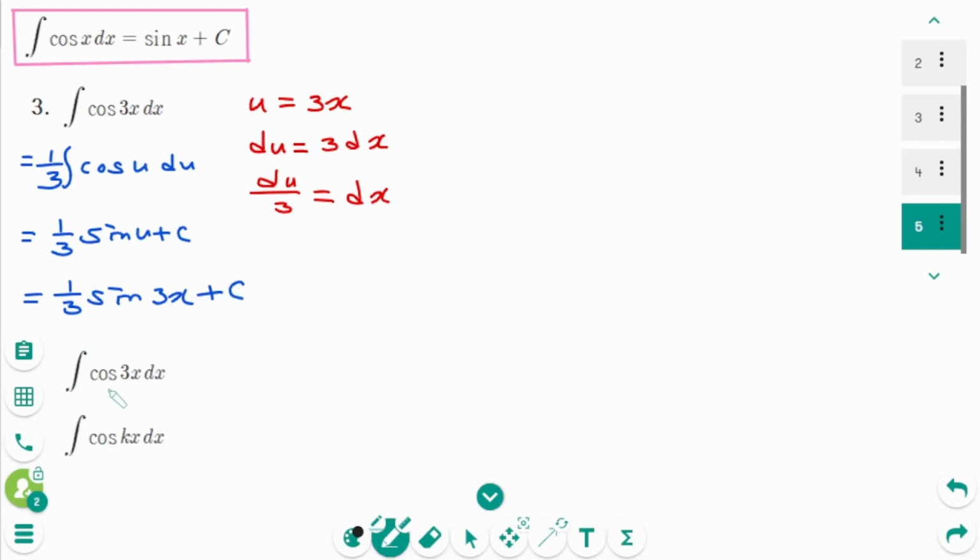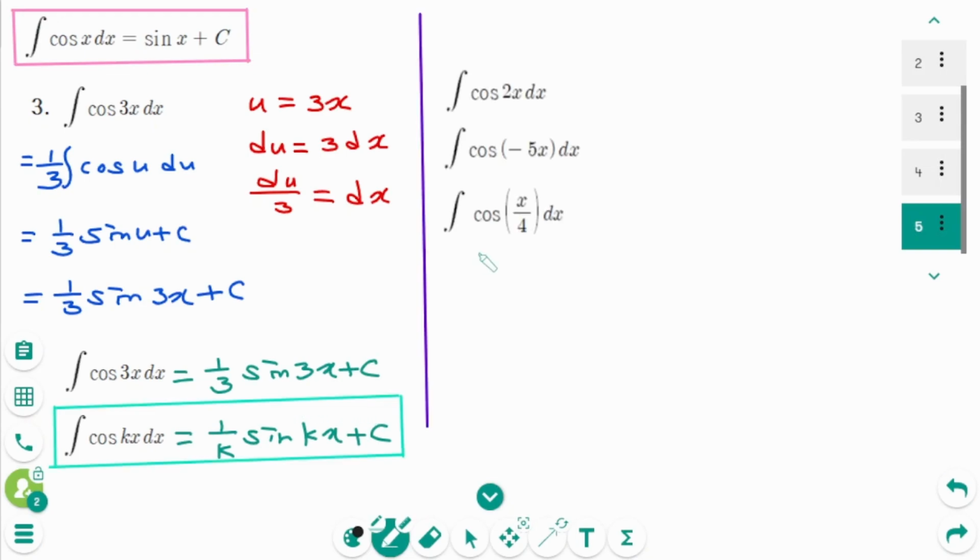So the integral of cosine 3x dx equals 1 over 3 sine 3x plus c. This 3 makes 1 over 3. Now we have a shortcut: k makes 1 over k, sine kx plus c.